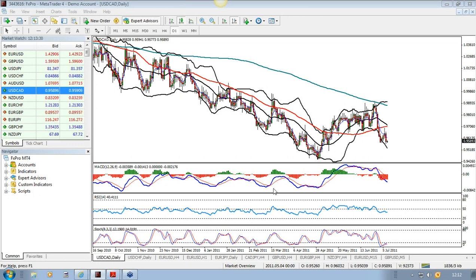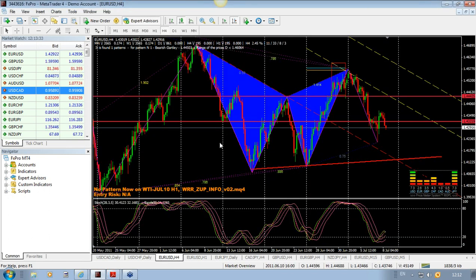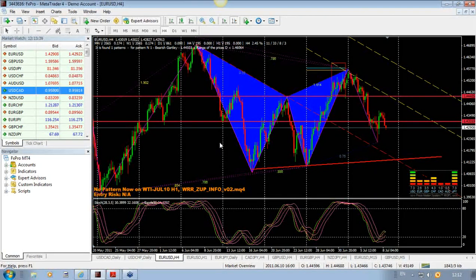That's about harmonics. Now there are many patterns that could be traded.